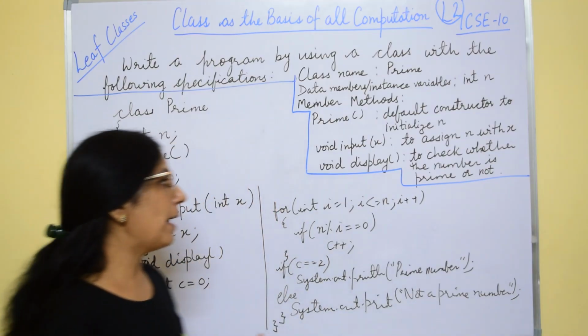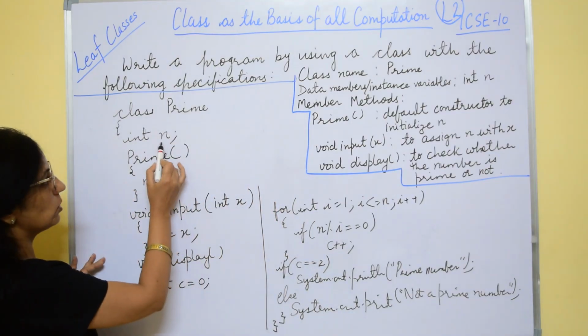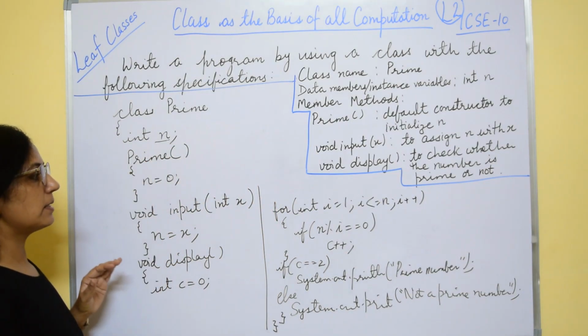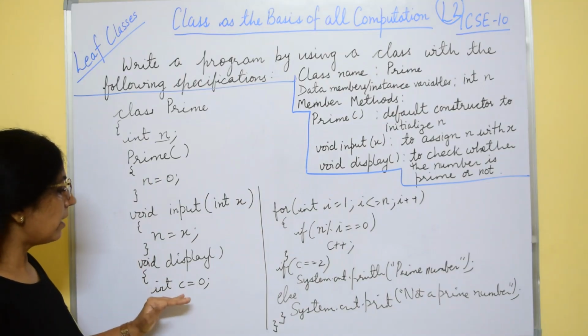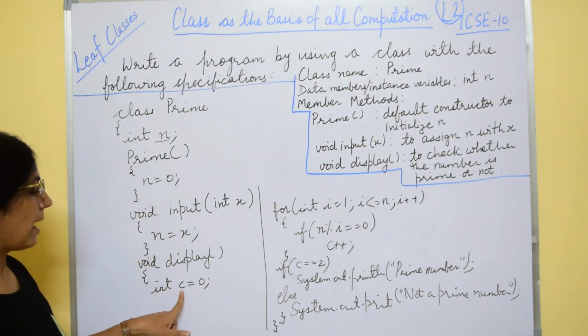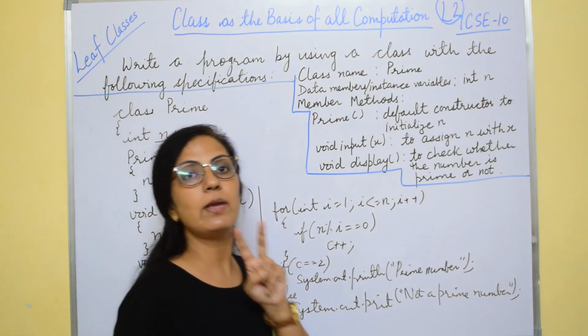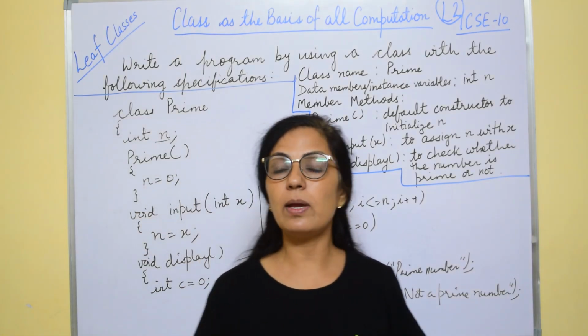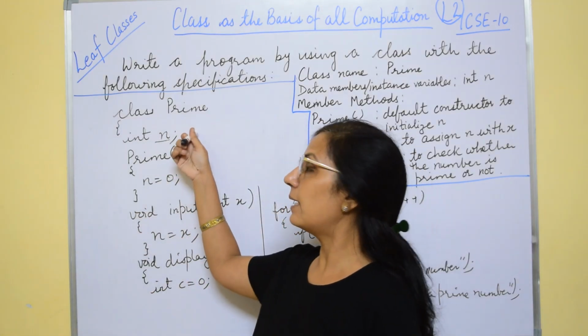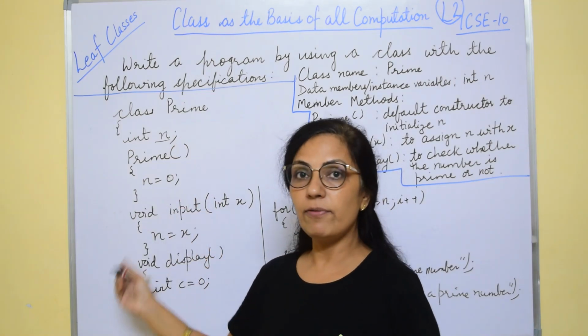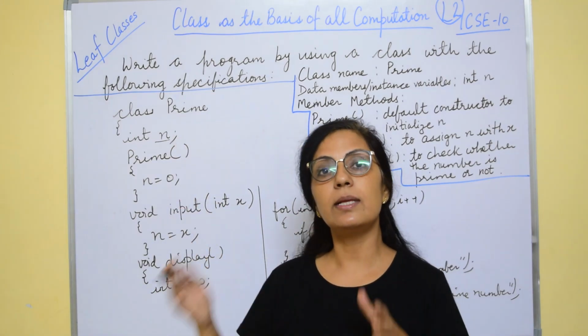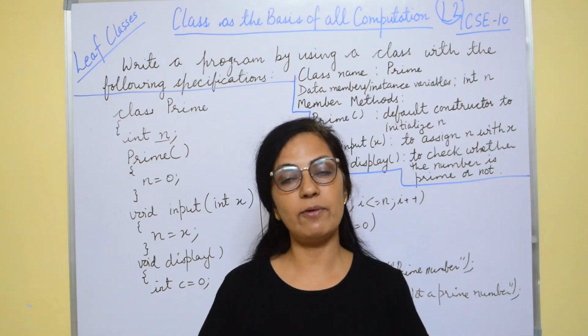Now one more thing here I wanted to tell you, that n is instance variable, but here in display function what we have taken, c and i, these two variables also we have taken, and these variables we have not declared here within the class. Where we have declared those variables? Within the function body, within the display function.